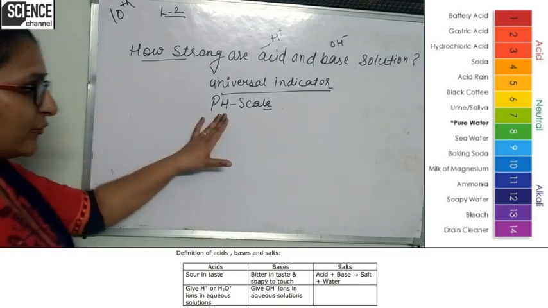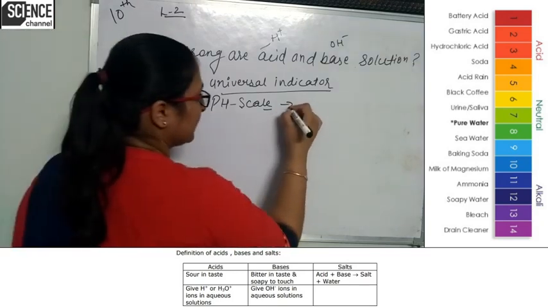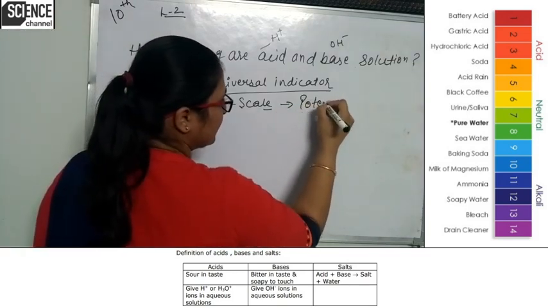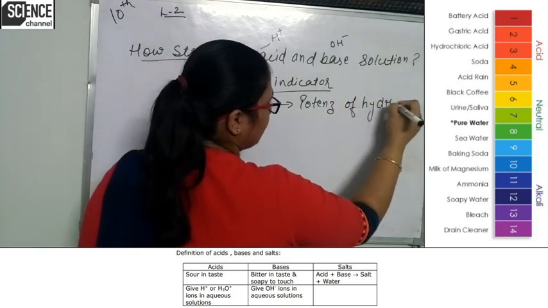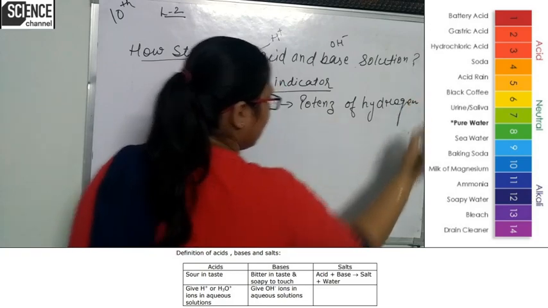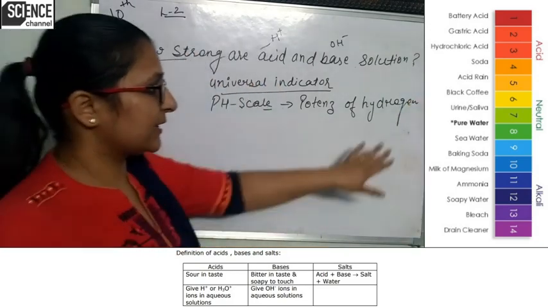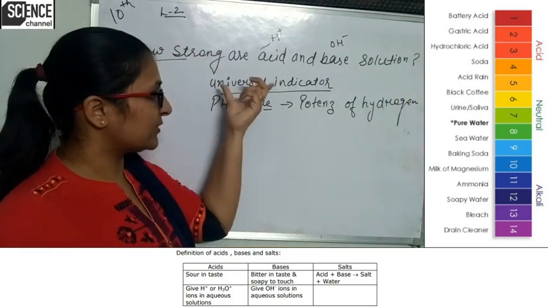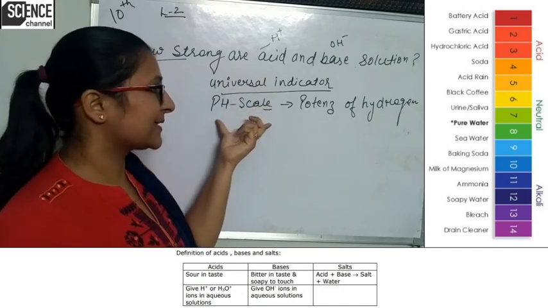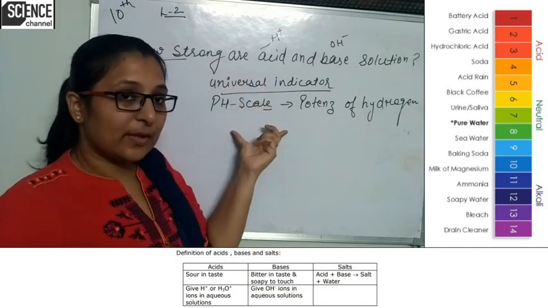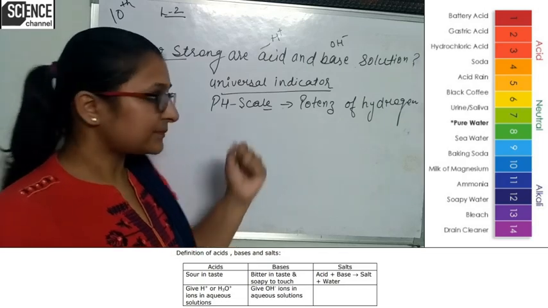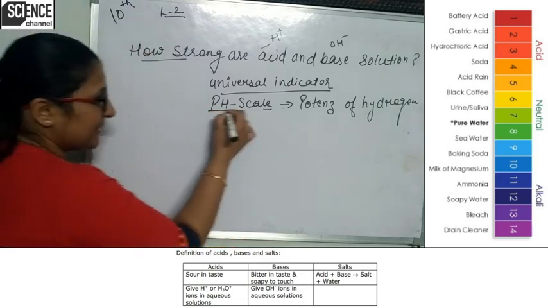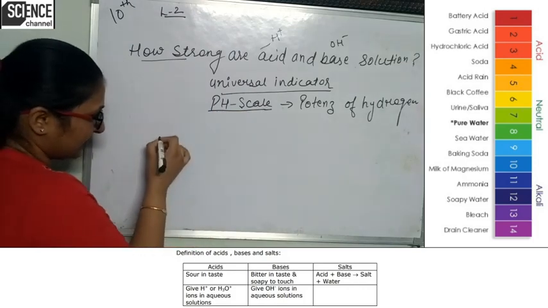The full form of pH is potential of hydrogen, that is, in which amount hydrogen is present. Using the universal indicator or the pH scale value, we know how strong the acid or base is.